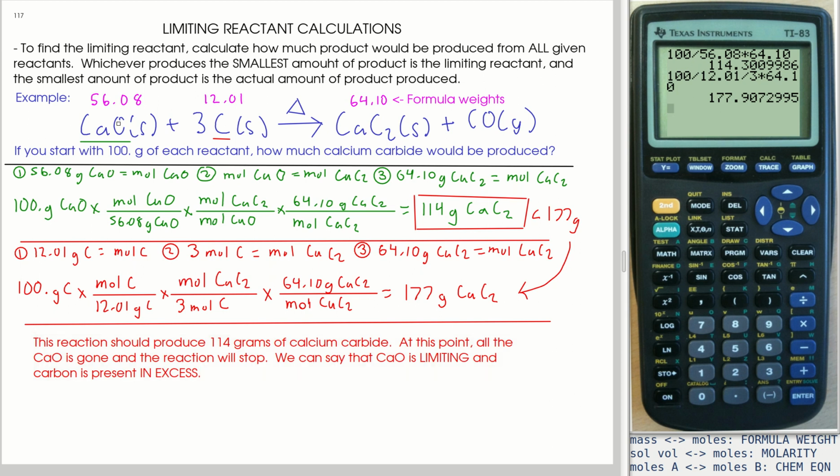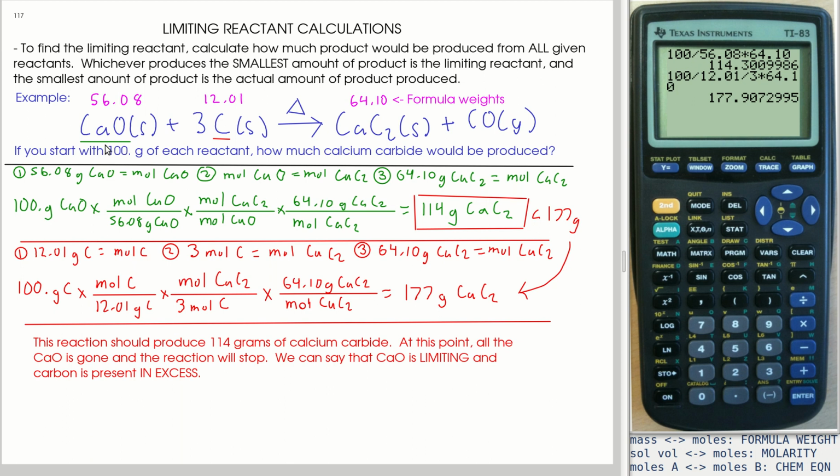So in this case, we had calcium oxide specified, and also, we had carbon specified. So we had two amounts for two different reactants.